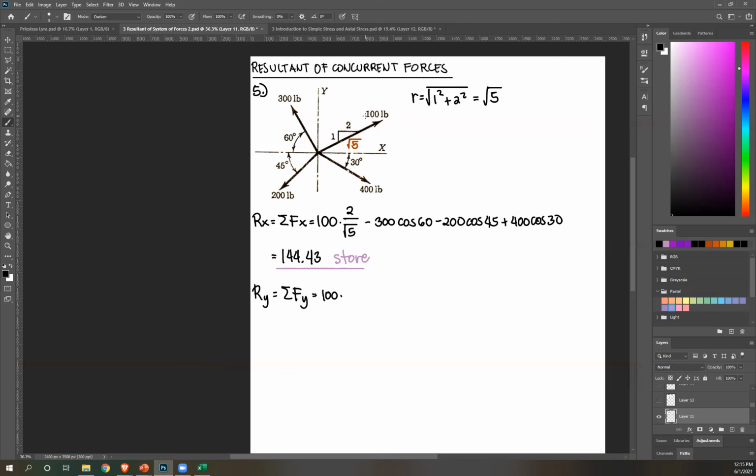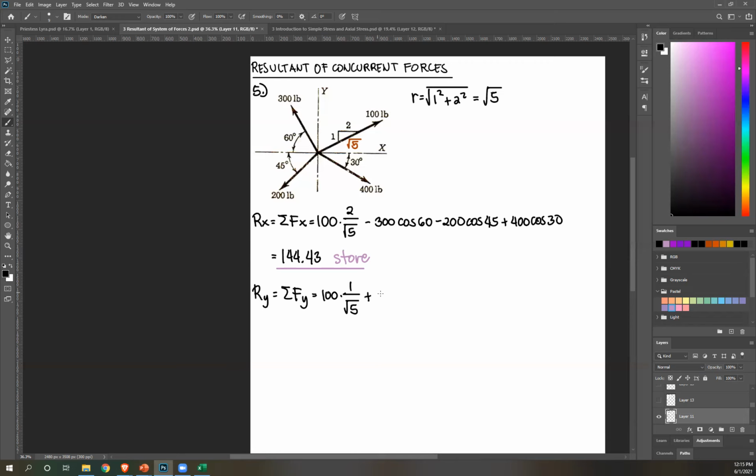The 1 over square root of 5, you use that for the vertical component, for your Fy. So this is where you put your 1 over square root of 5. So times 1 over square root of 5. Once again, because we're looking at the vertical side, we're looking for the vertical component. Then next, move on to the 300-pound force. It's positive since it's upward.